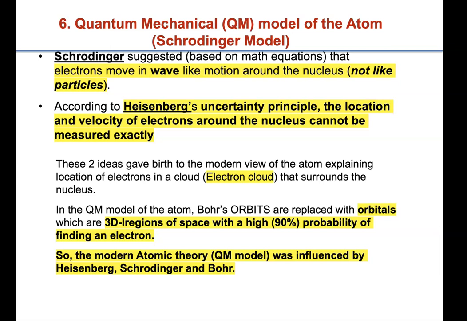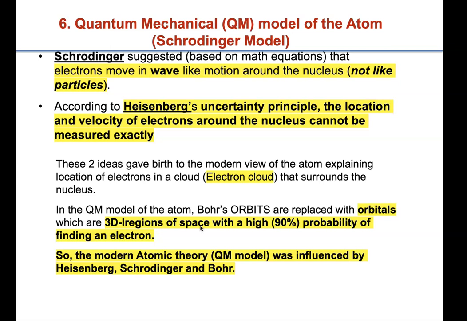So what is an orbital? It's a three-dimensional region of space with a high probability, 90% probability, of finding an electron. So it's like a house. An orbital is like a house with a specific 3D shape in which you can find an electron at any given time with a 90% probability.